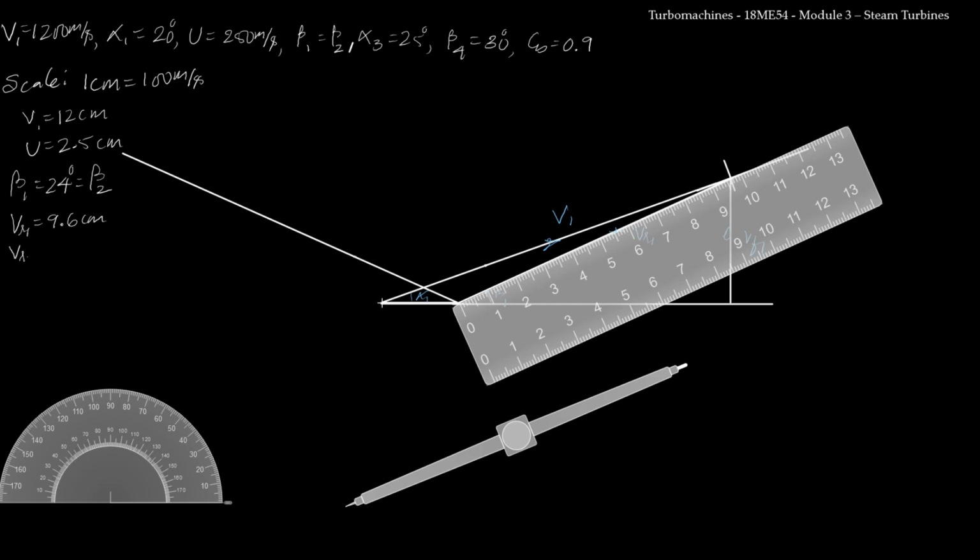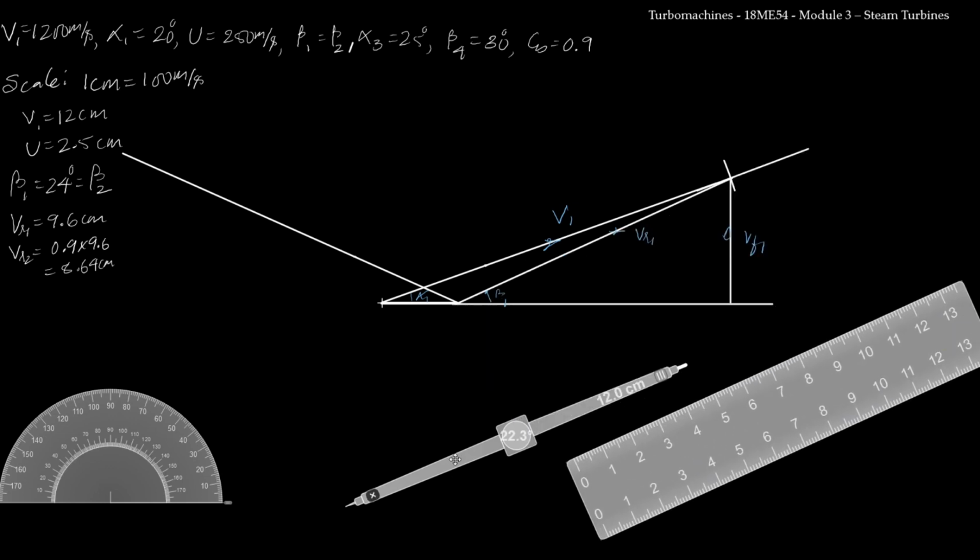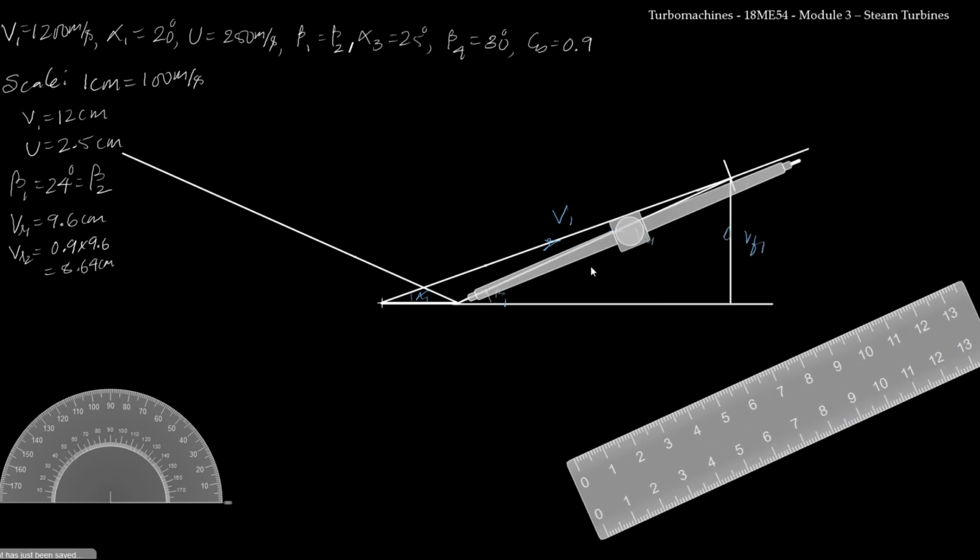So the length of VR2 will be equal to CB into VR1, that is 0.9 times 9.6, which turns out to be 8.64 centimeter. So approximately I'll take it as 8.6 centimeter. Now I'll place the compass here.